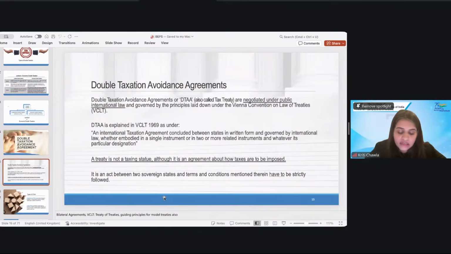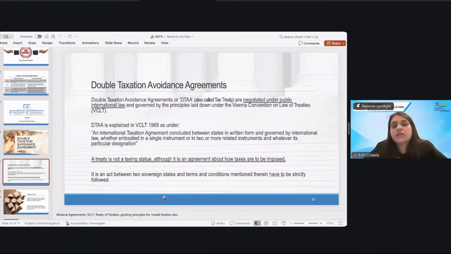Well, this is the slide that talks about DTAA. What exactly is this DTAA or this tax treaty or double taxation avoidance agreements? Well, these are more like bilateral agreements between obviously two countries that help to mitigate double taxation or resolve double taxation.